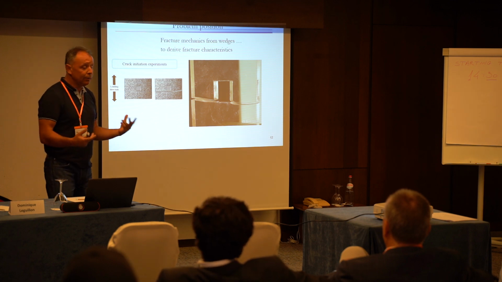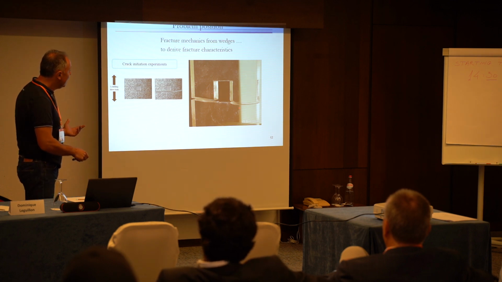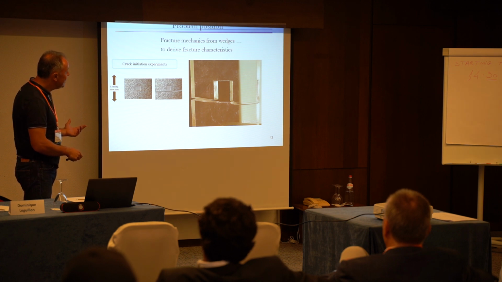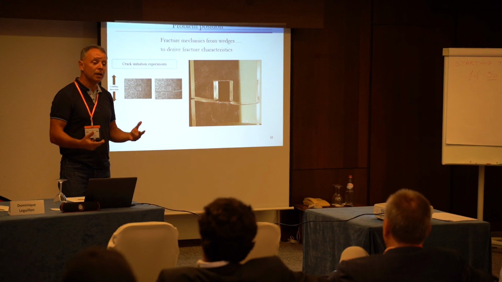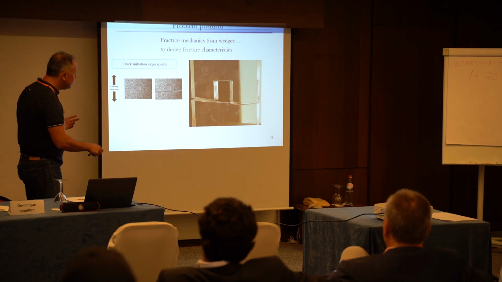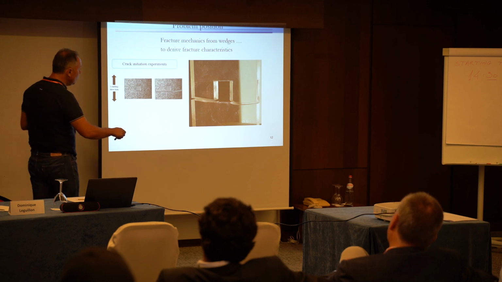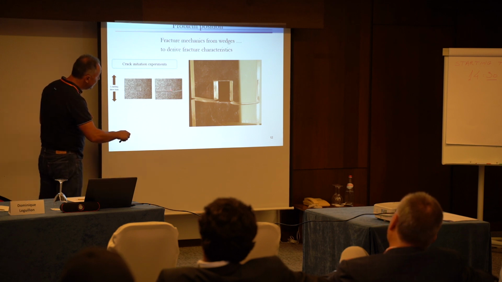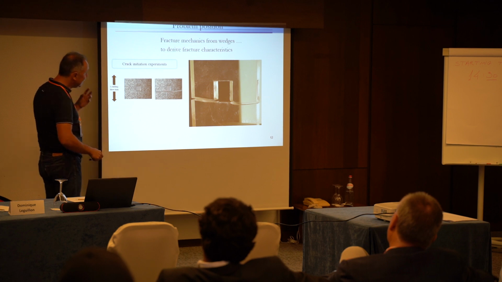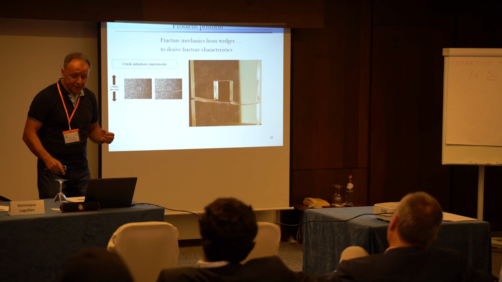And actually, in real life, there is one at which the crack initiates preferentially. This means that there is a slight difference between this corner, that corner, and so on. We notice here also that there is a different deflection on the first crack and on the second crack, which did not grow simultaneously.